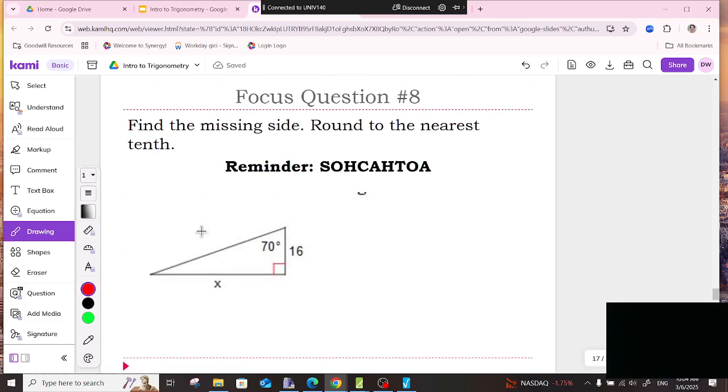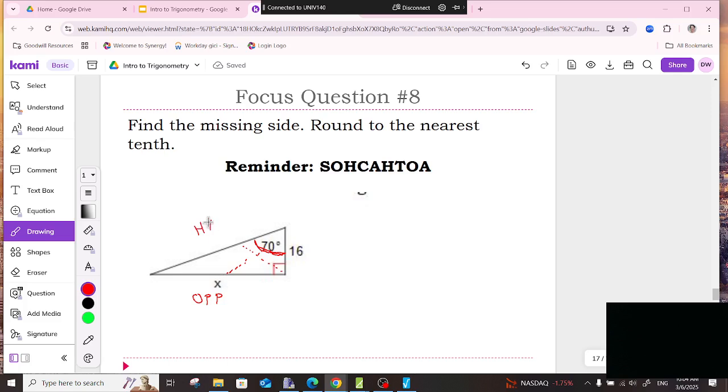Okay, so now I'm at SOHCAHTOA again. Where do I put my finger? At the 70. My pencil or my finger should be at the 70 right now. And I'm going to label. Go this way. What's x? Opposite. And then here's hypotenuse, right?